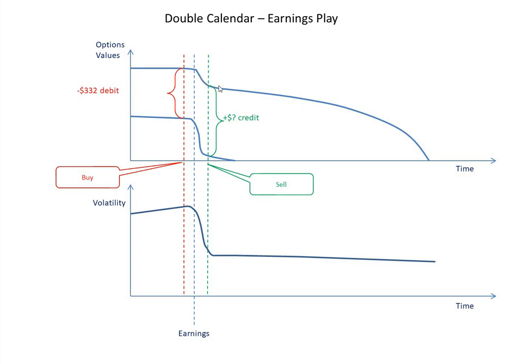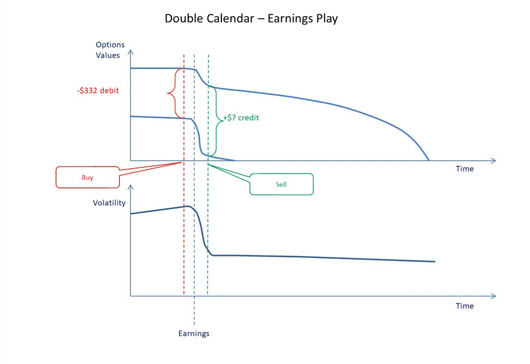Now, this other strangle, the strangle that I purchased, expires much later in time. Therefore, it will retain a lot more of its value after the earnings. So as we can see, the value is expected to drop, but not as much as the drop in the shorter expiration. And that's because the risk is still there. I mean, the longer you have your insurance policy, the more risk the insurance company is taking.